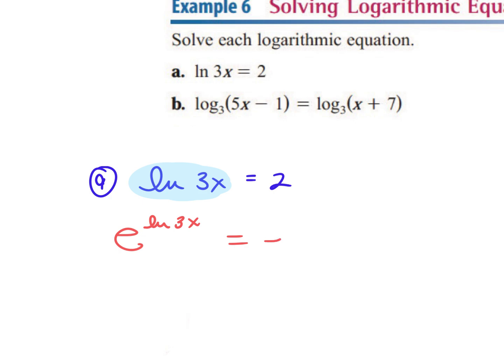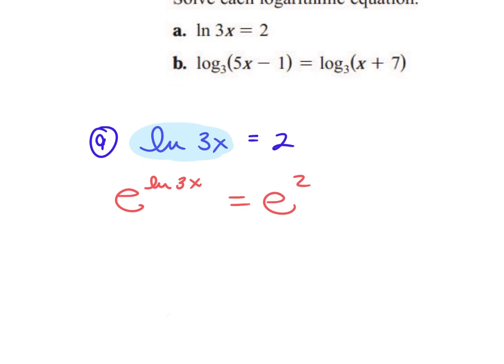So I put a big E, and where does 2 go? To the exponent. Good. So on the left-hand side, what happens with E and ln? They cancel. So you have 3x equals, what's e to the second power? 7.389.